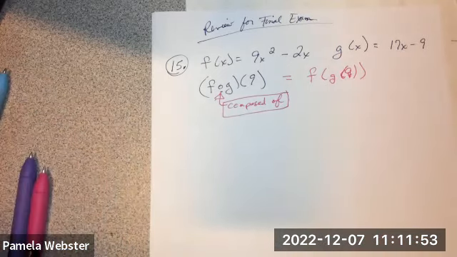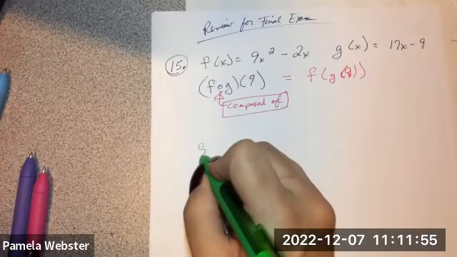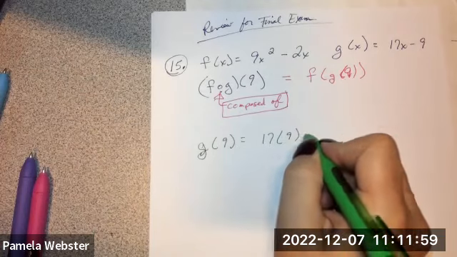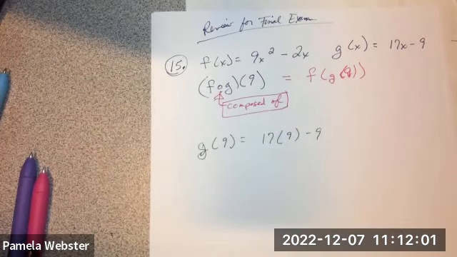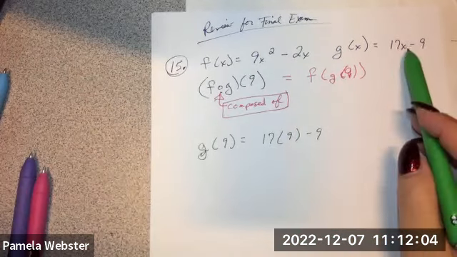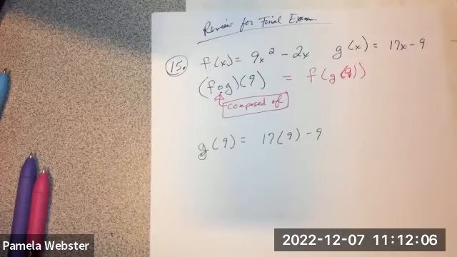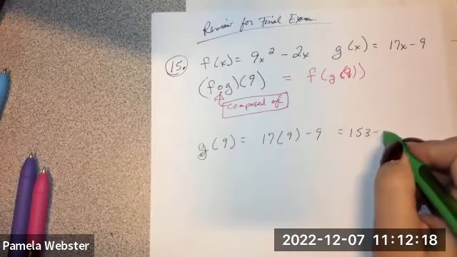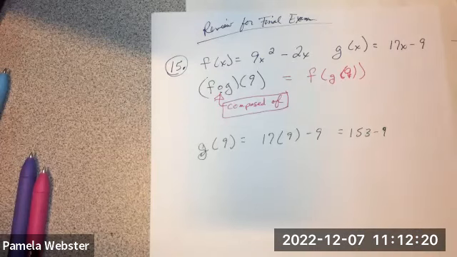So let's go. g of 9 looks like 17 times 9 minus 9. Plug in a 9 wherever I see the x. 17 times 9, I've got 153 minus 9, and that's giving me 144.